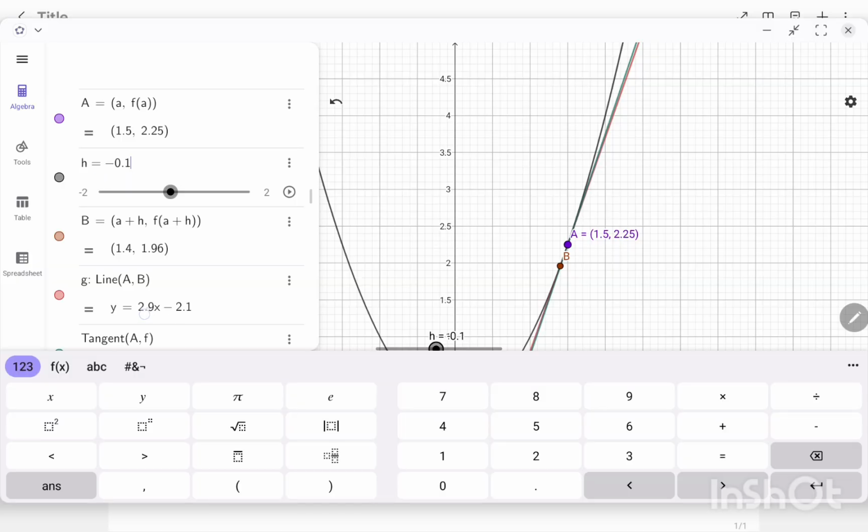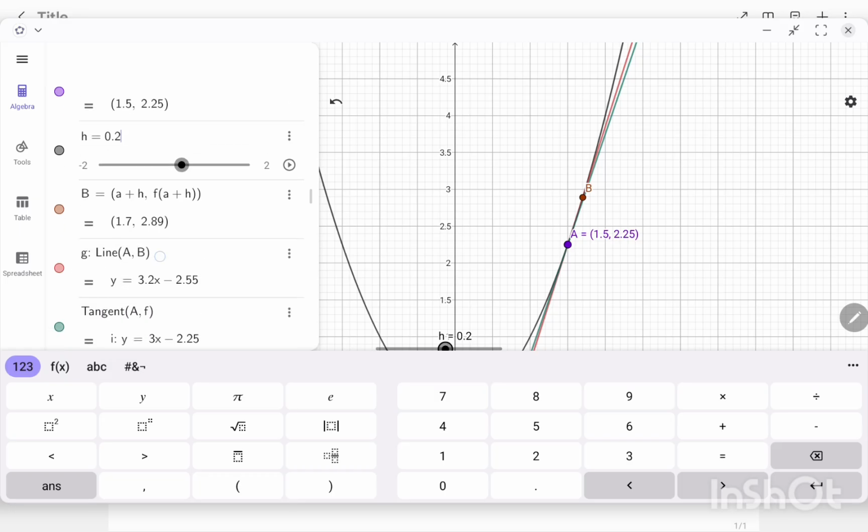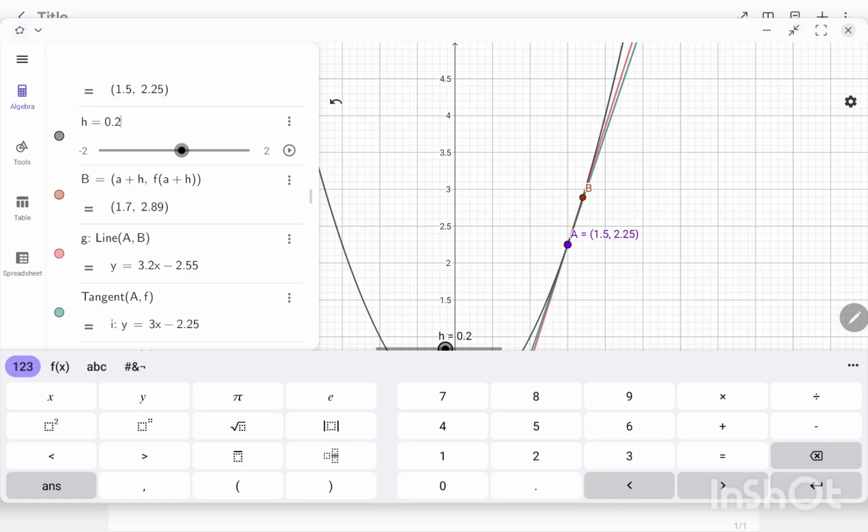When h is 0.2, it is 3.2. So the line's slope is 3.2.